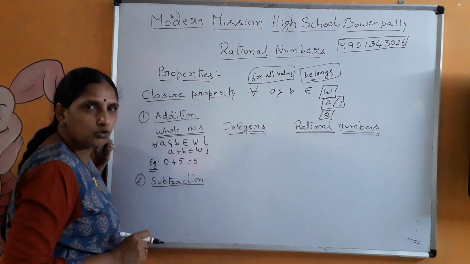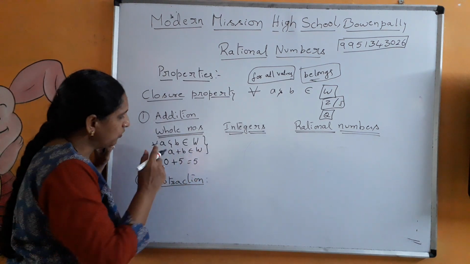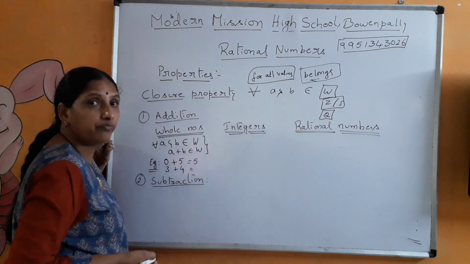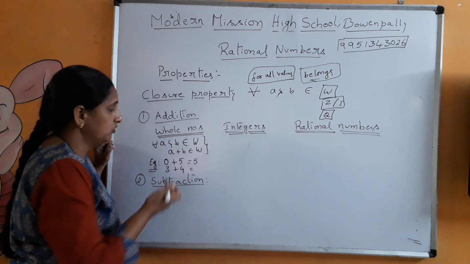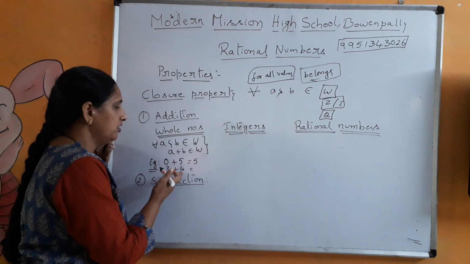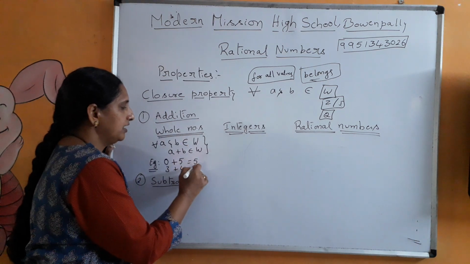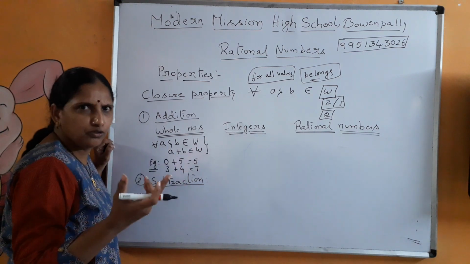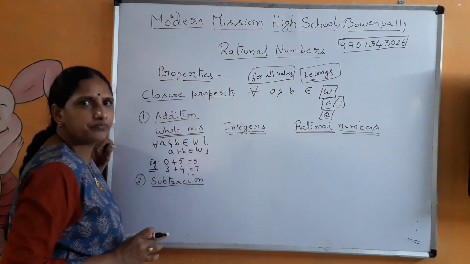Of course, it belongs to whole numbers. I want to take another one. 3 plus 4. 3 belongs to whole numbers, 4 belongs to whole numbers, and the addition is 7, which also belongs to whole numbers. So your statement is right.